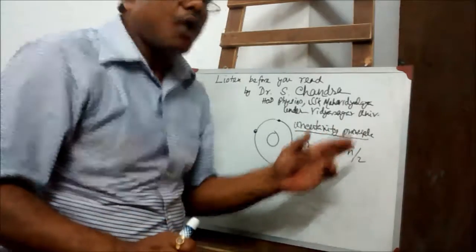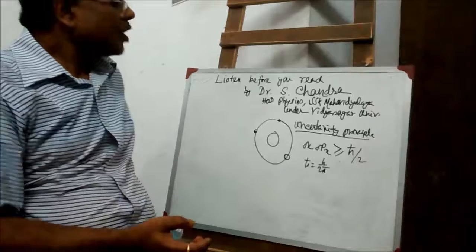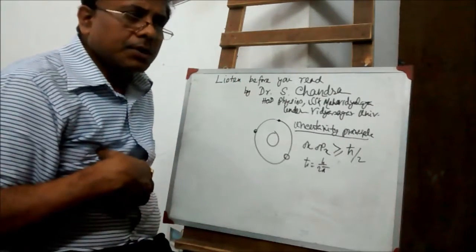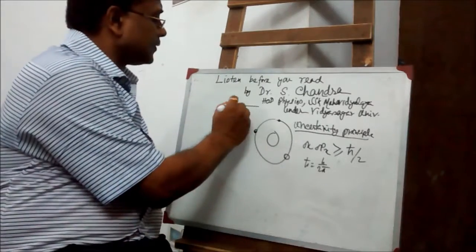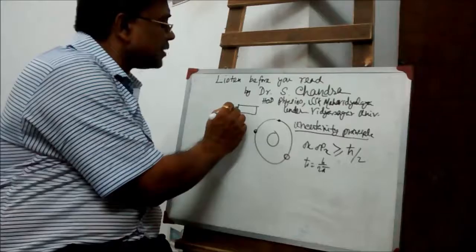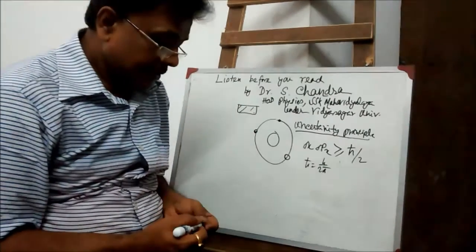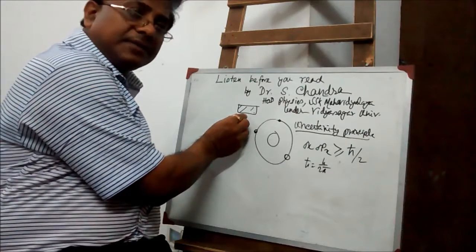So why is it so? According to Heisenberg, to locate an electron, suppose you have some measuring scale. Suppose I want to measure the length of this object. Then we need a scale that is smaller than this.